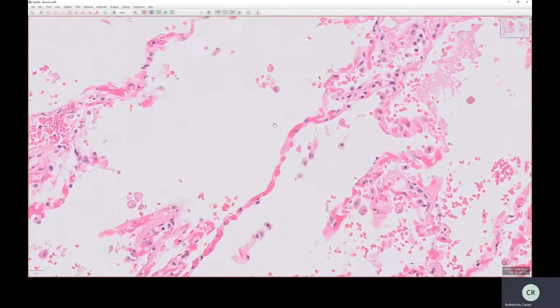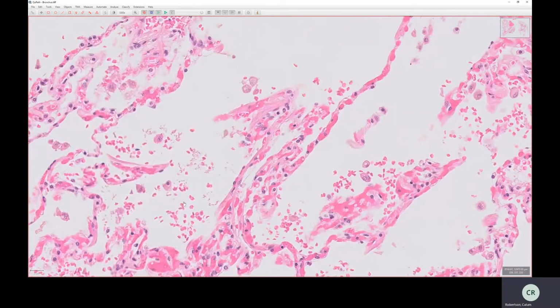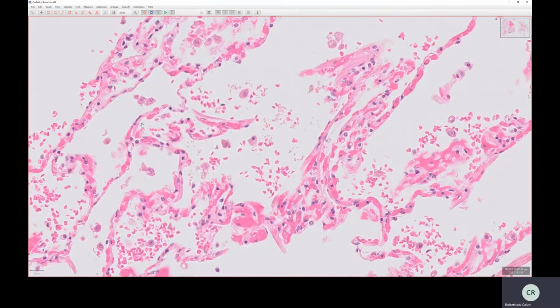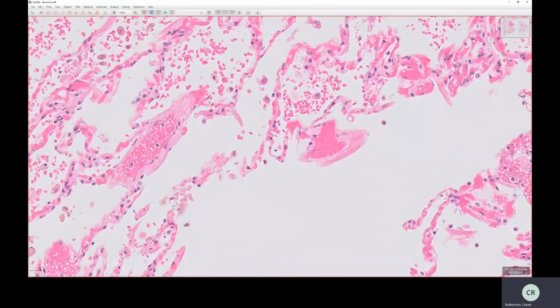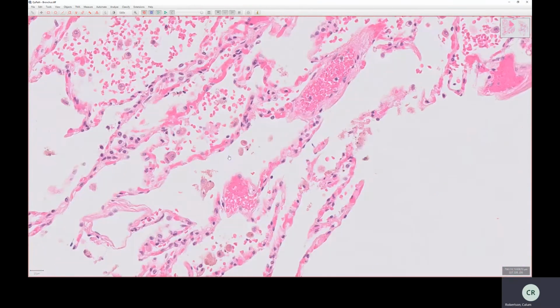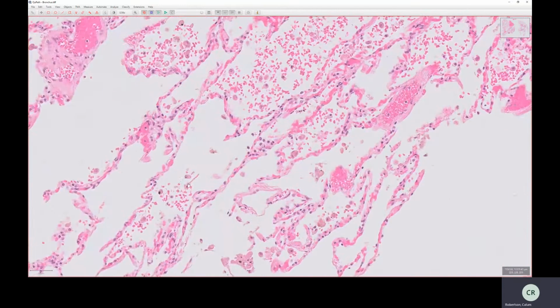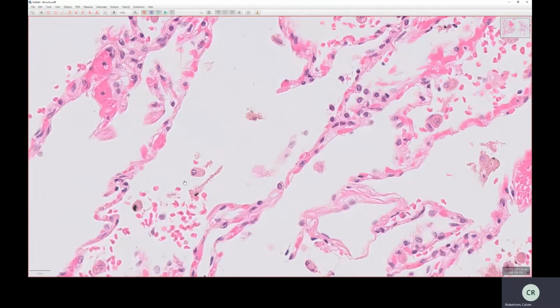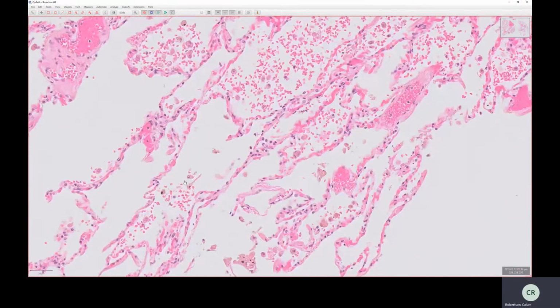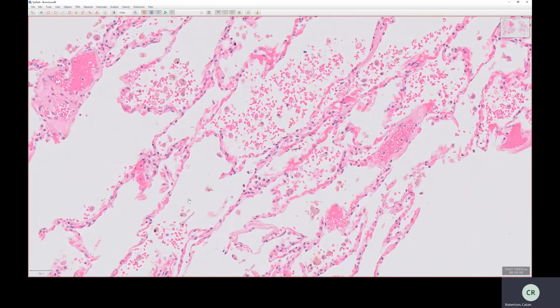This one's maybe got some stuff in there. So these macrophages have engulfed material because they hoover up any particulate matter or other matter that's managed to get its way into the alveolar space. Alveolar macrophages. So type 1 pneumocytes, type 2 pneumocytes, alveolar macrophages.